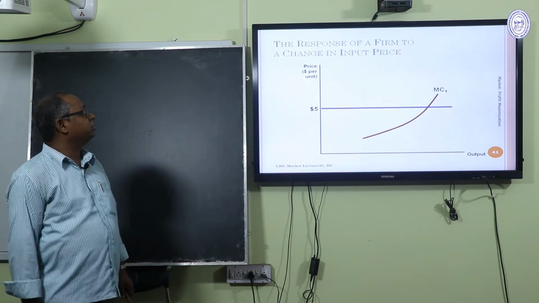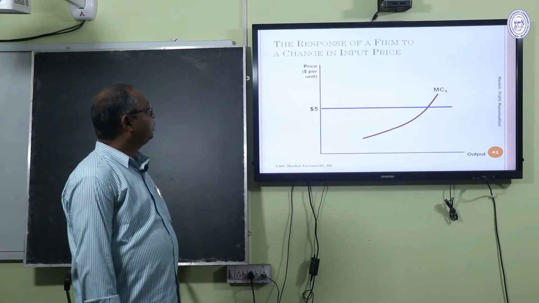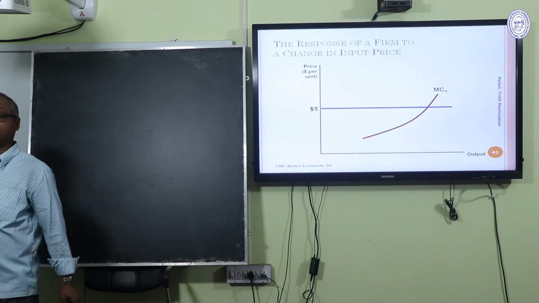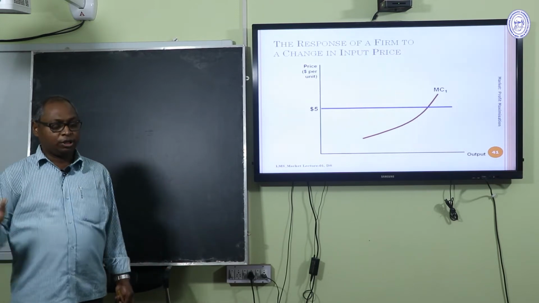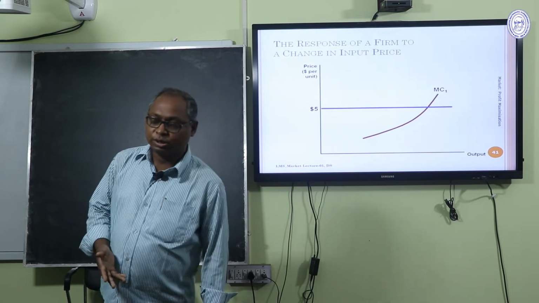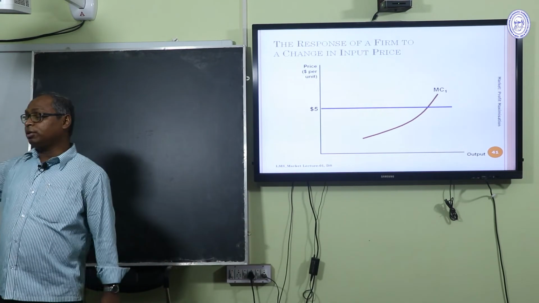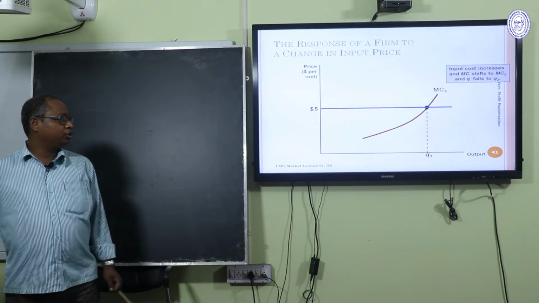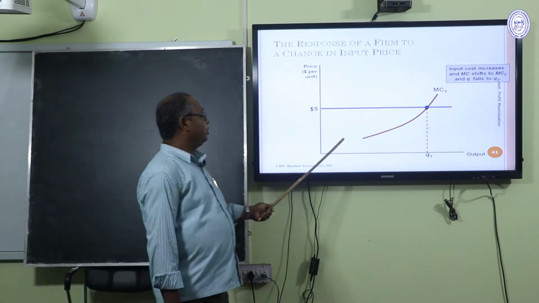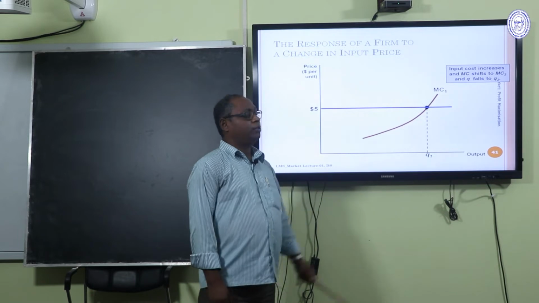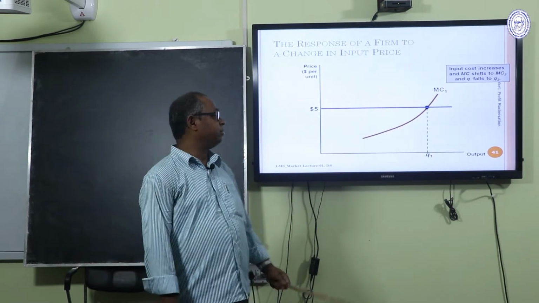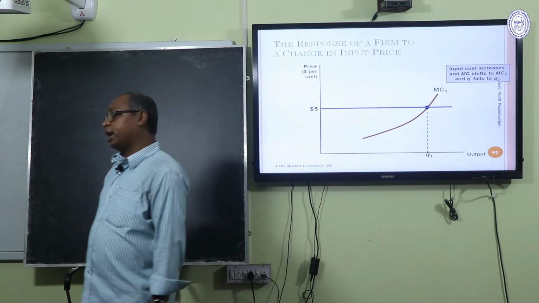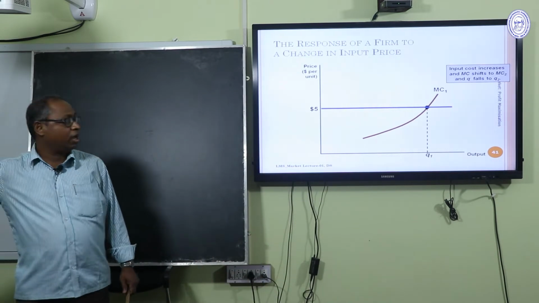Now, the second part is the response of the firm to a change in input price. If input price changes, say labor price increases or decreases, then how does it impact the supply curve? Suppose this is the supply curve of the firm, which interacts with the market price to give profit as an equilibrium condition in the short run.